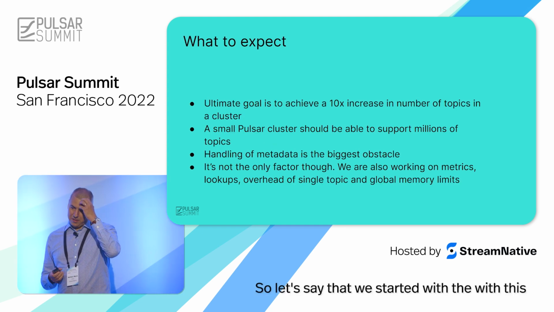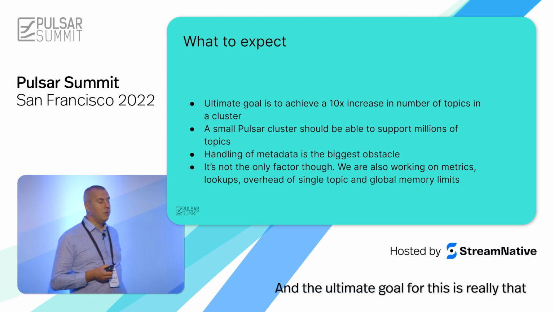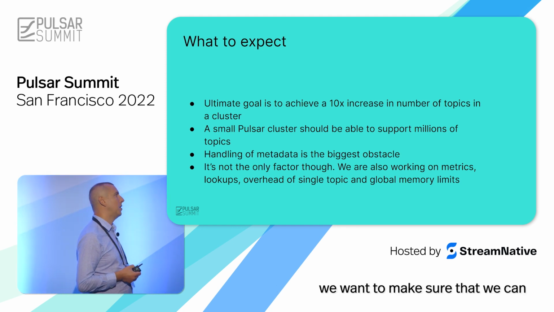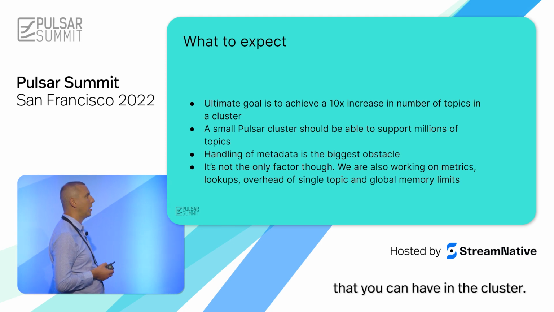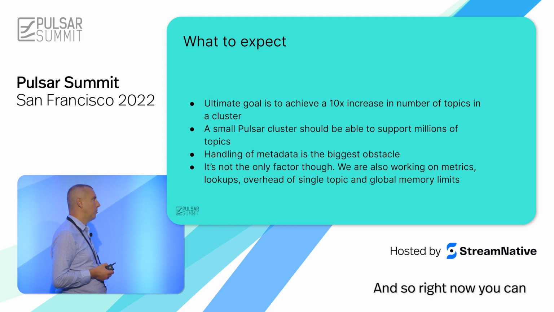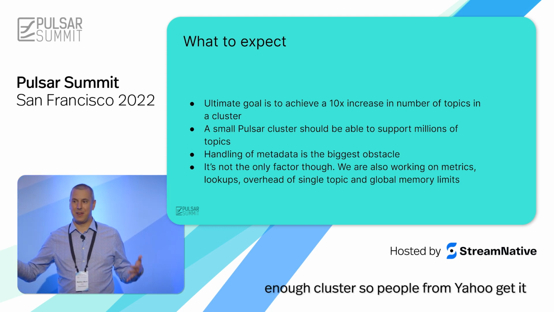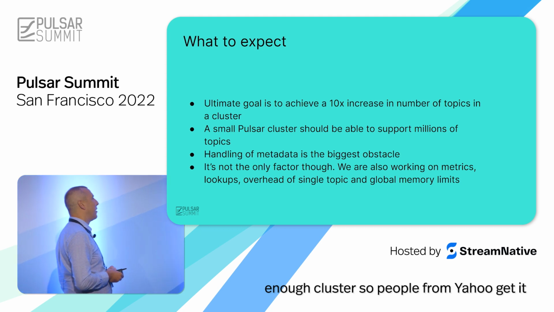So we started bouncing these ideas, and the ultimate goal is that we want to achieve a 10x increase in the number of topics that you can have in a cluster. Right now you can run Pulsar with millions of topics. It requires a sizable enough cluster. People from Yahoo can relate to that.